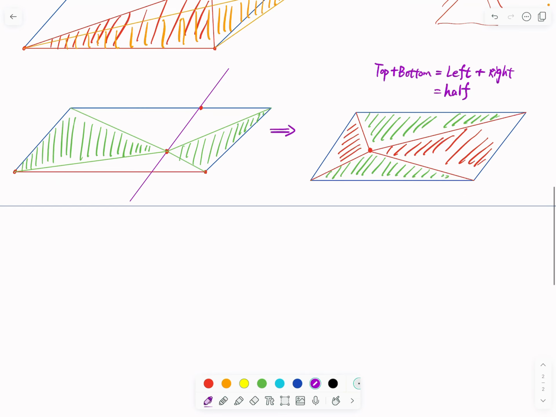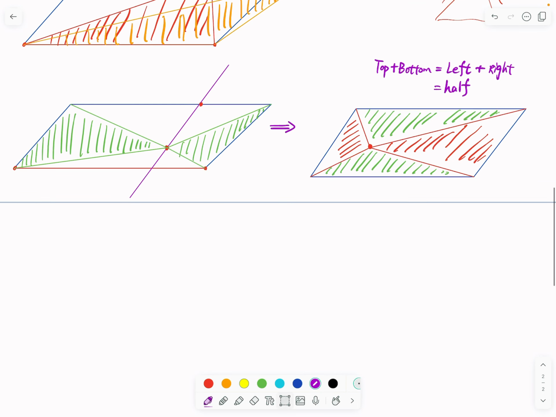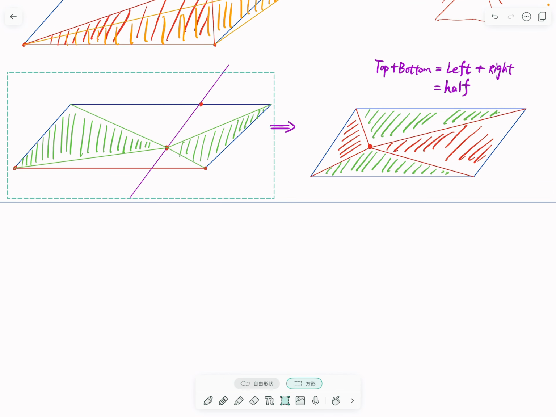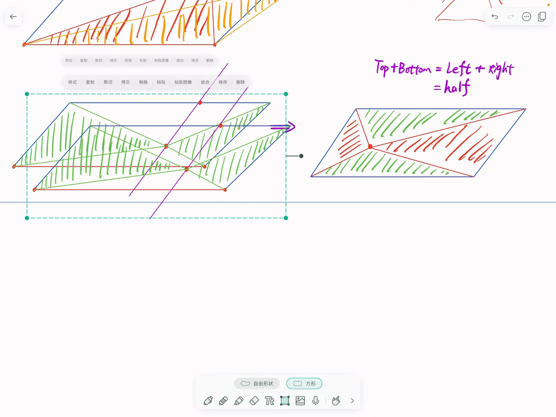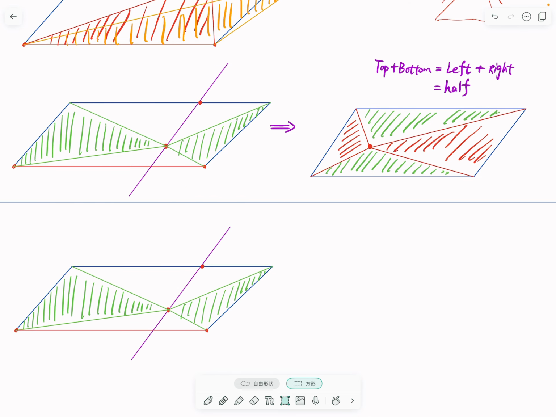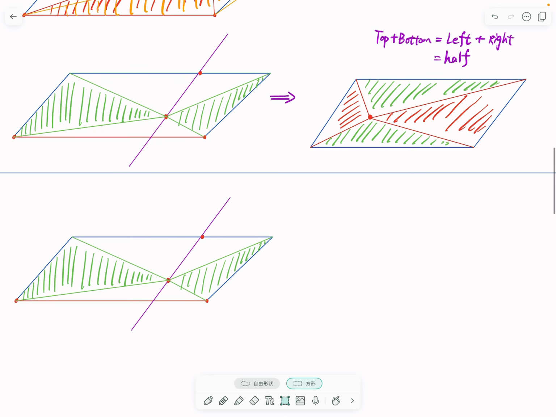And what else? Maybe we just base on this diagram. Now remember, this time I moved the red point from the parallel line to inside the diagram. But what if I move this point outside the parallel line?